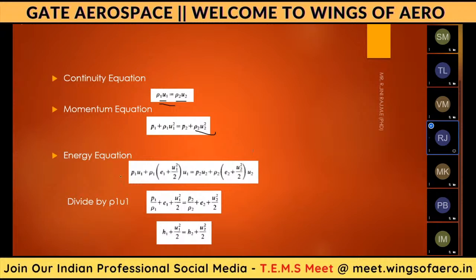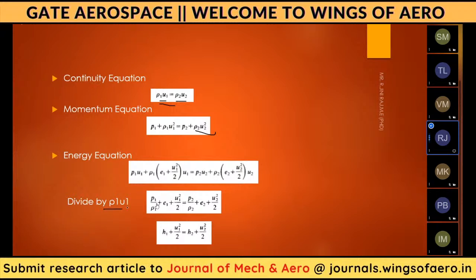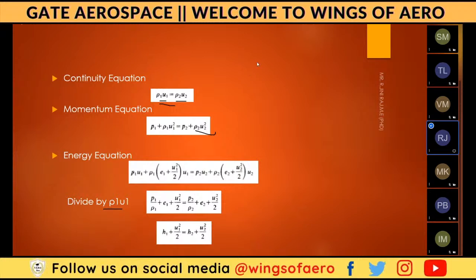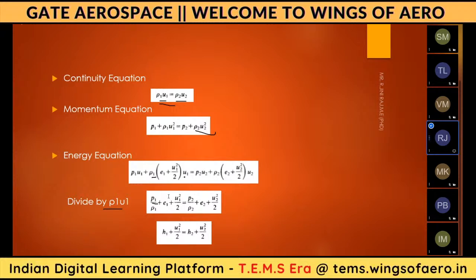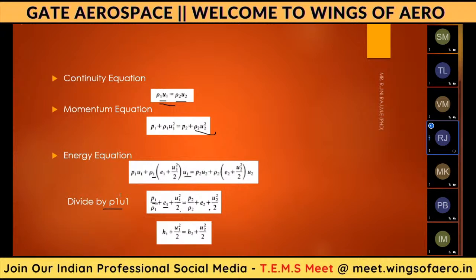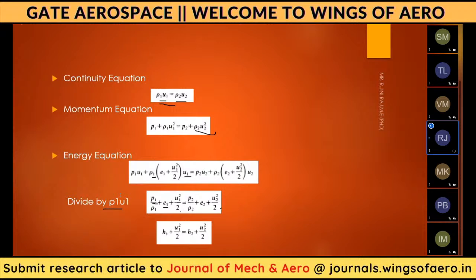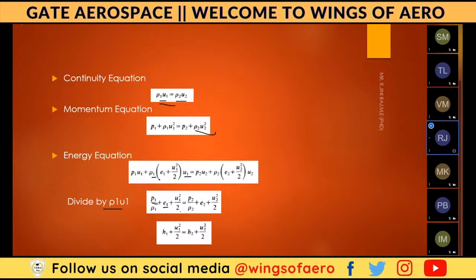Now I am dividing the equation by rho 1 u1, so the terms cancel. The equation becomes p1 by rho 1 plus e1 plus u1 squared by 2 equals p2 by rho 2 plus e2 plus u2 squared by 2. I am just dividing the rho 1 u1 terms on both sides.